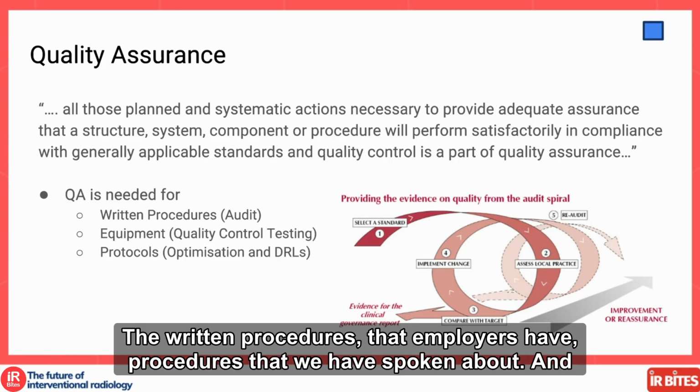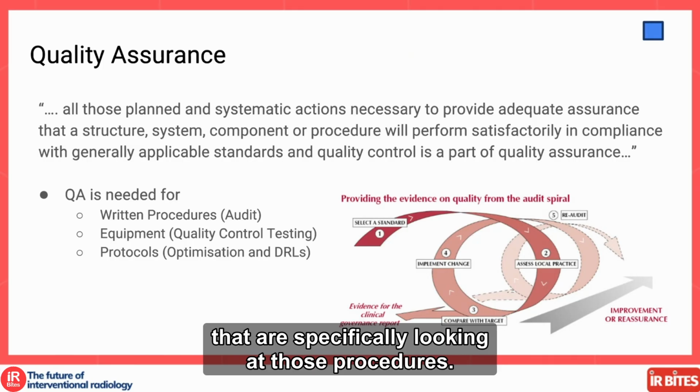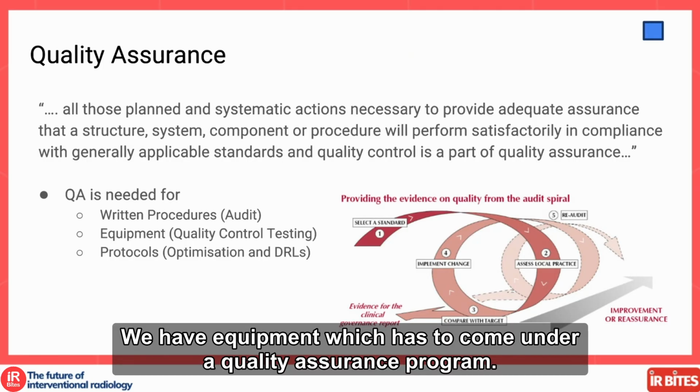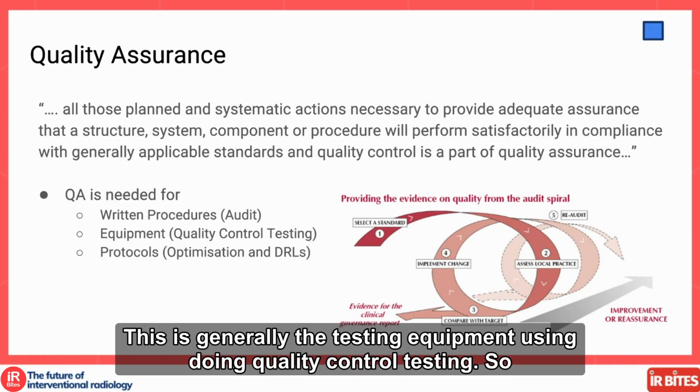The written procedures, those employers' procedures that we've spoken about, very much are reviewed using audits that are specifically looking at those procedures. We have equipment, which has to come under a quality assurance program. This is generally the testing of the equipment, doing quality control testing.